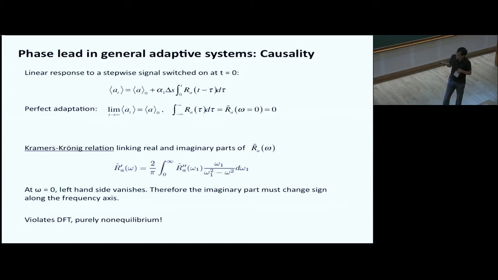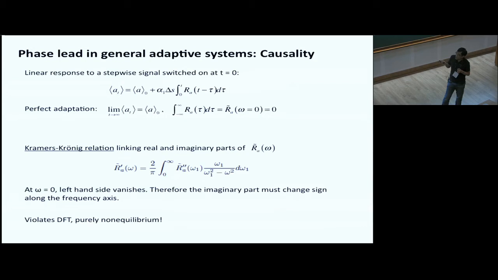Now, we assume the system has the property of perfect adaptation, which means when t goes to infinity, the activity level returns to its pre-stimulus level. So these two terms will cancel.